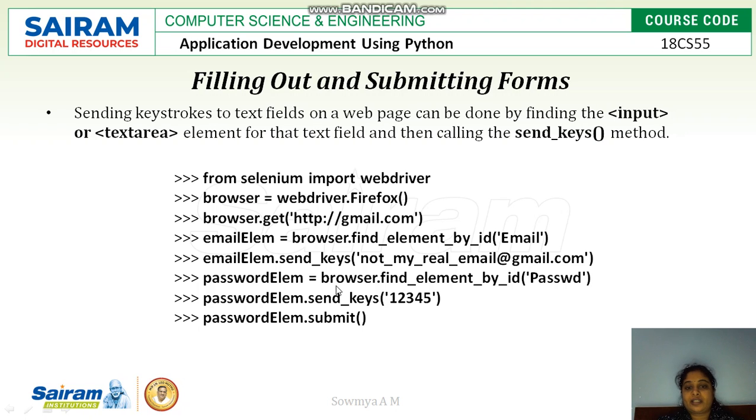The password element is found with the help of browser.find_element_by_id password. Then password element.send_keys sends the keys. So here we are filling two fields, the email ID and the password, and submit is a method used for clicking on login or to submit the password element.